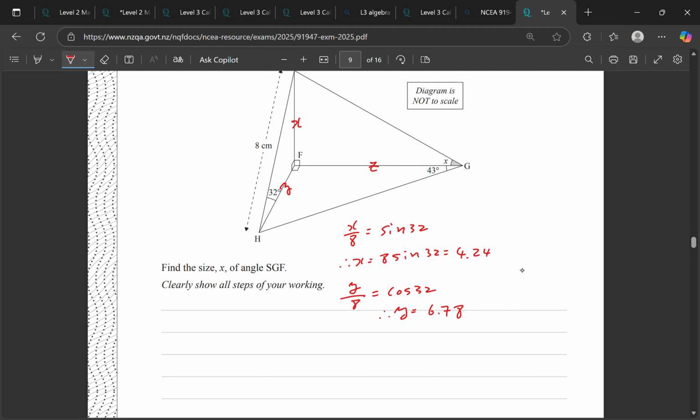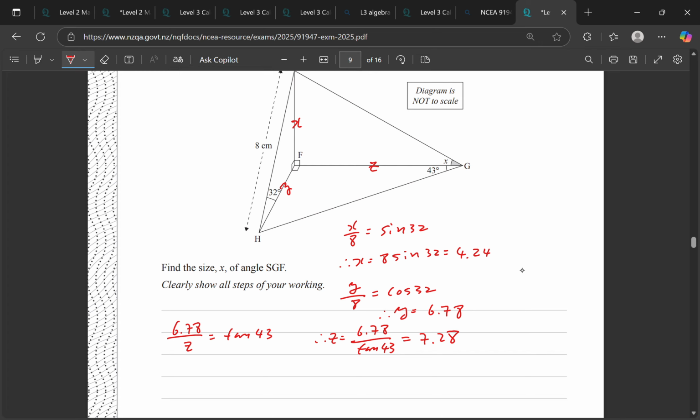And to find the z, I know 6.78 over z is tan 43 degrees. So that means that z is 6.78 over tan 43, which gives me 7.28, right?